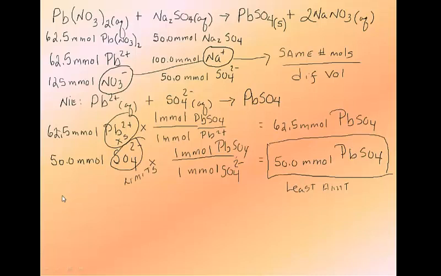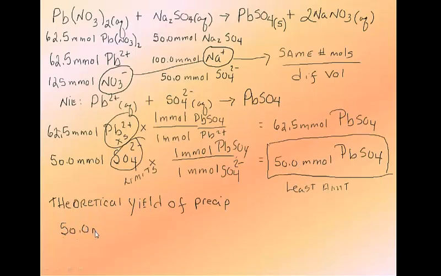Now, concerning the theoretical yield, my theoretical yield of precipitate is 50 millimoles.